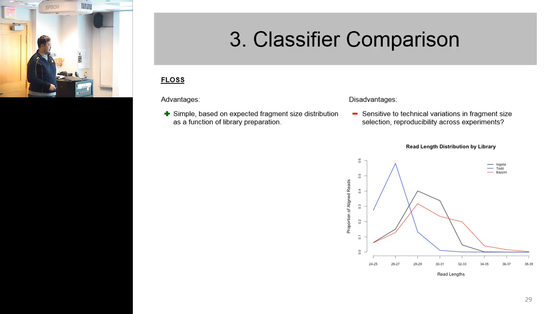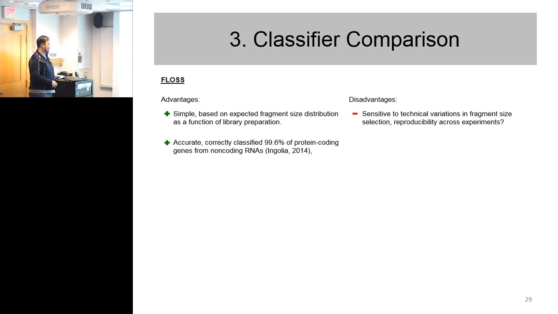Here in black is the Ingolia data, which follows a certain profile. The Vejnar lab data follows a slightly similar but obviously quite different read length distribution profile. And then the Todd data itself follows an entirely distinct distribution.